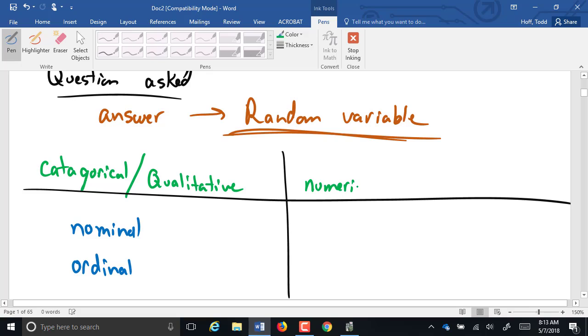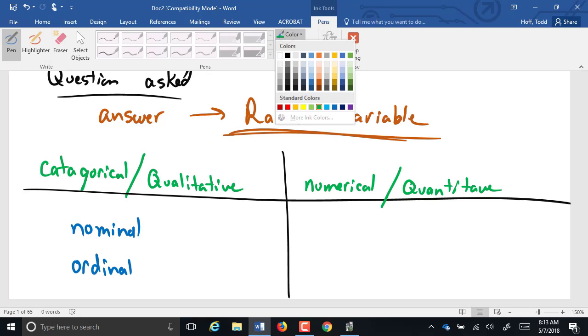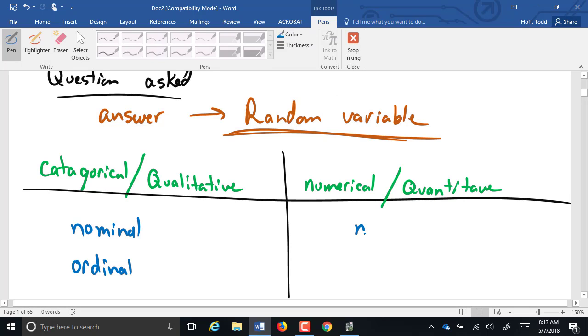The other side of that is numerical or quantitative. So your answer is a number of some sort. What points did you earn in the class?